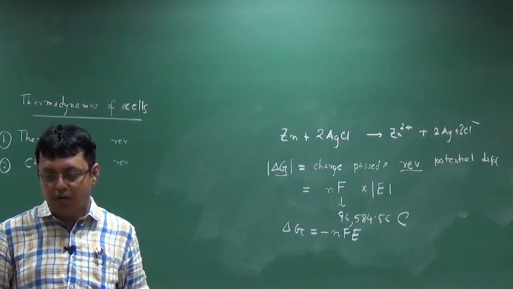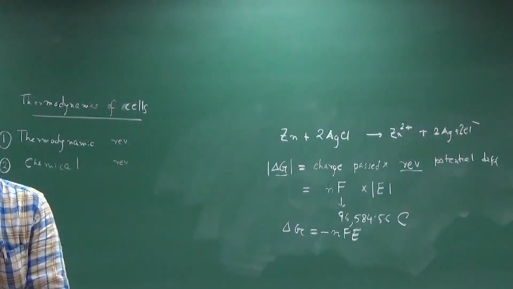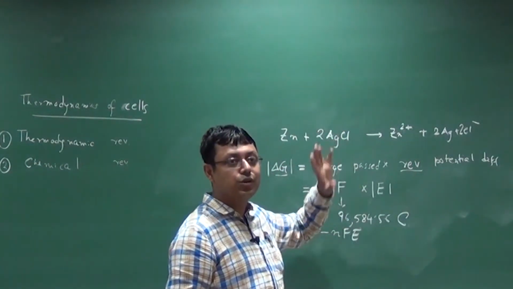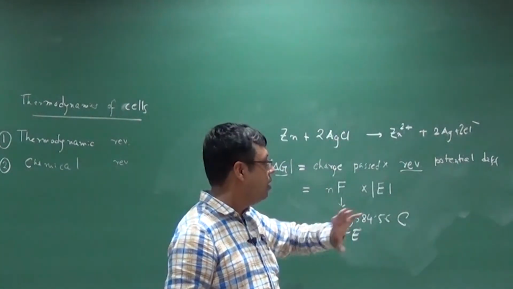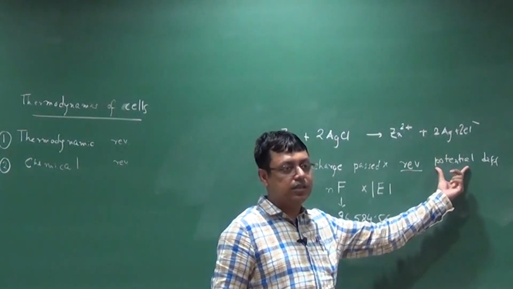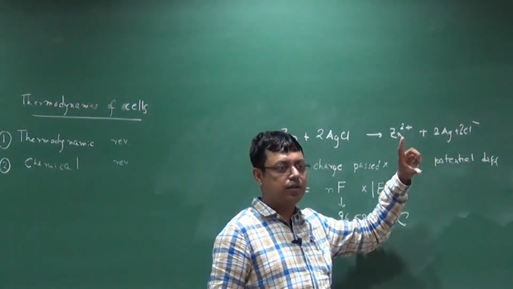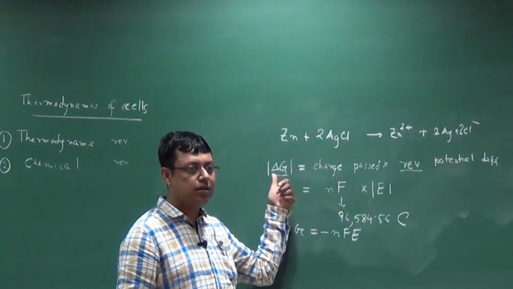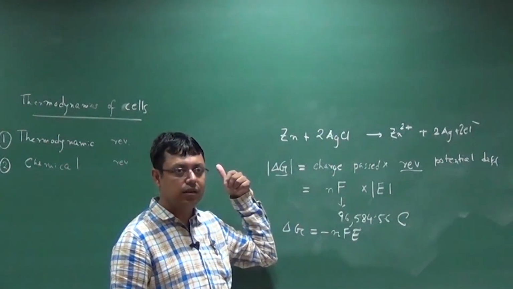Now again, it has to be reversible, because otherwise this convention also doesn't have any meaning. Why? Because as I just said, I can create a potential difference in the positive sense or in the negative sense, meaning I can make this process go in the spontaneous direction or in the other direction.